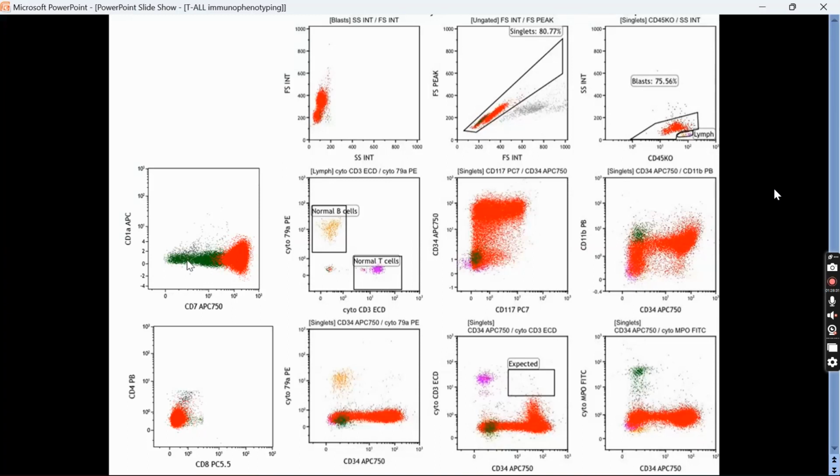The blast will not show CD7 beyond the level of normal T cells. Getting my point? So when you have bright CD7, and though cytoplasmic CD3 is not coming up to that level, you still call it ETP-ALL, provided CD7 is bright. This is a very rare case, but I just want to show you this. Any doubts? Please, someone ask a doubt.